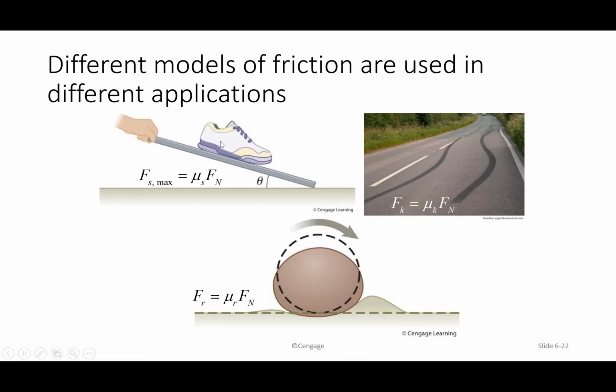Static friction, I can have my tennis shoe here and I can lift this particular plane and it's going to stay in its spot until the force due to gravity applied along this inclined plane exceeds the maximum force associated with the static friction. Because ultimately, as we move this up, the tennis shoe is going to slide down.